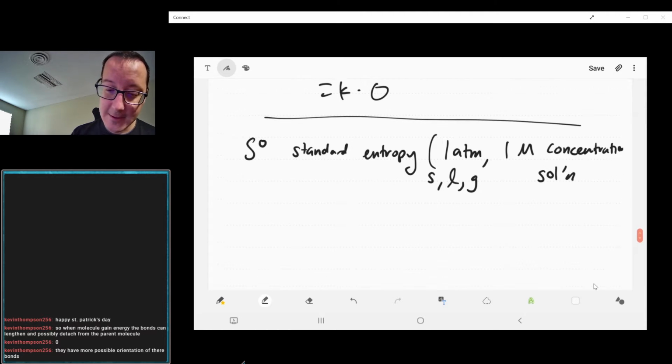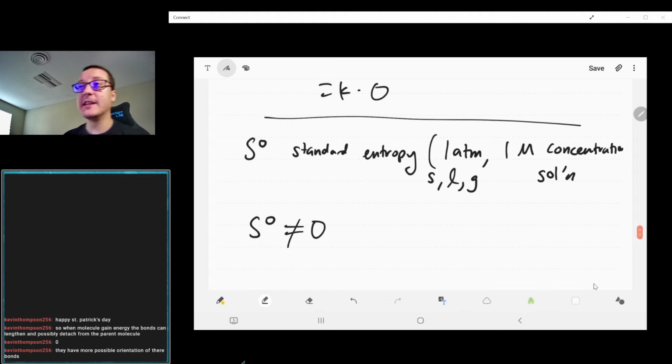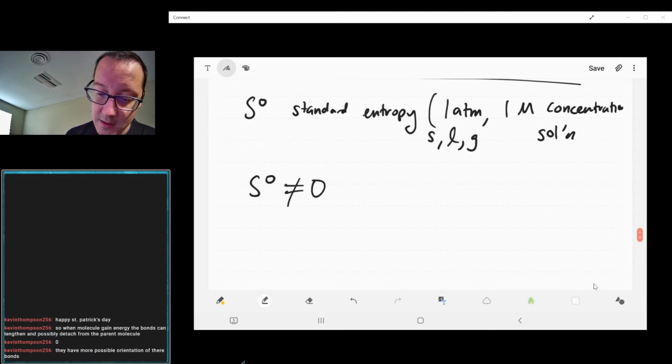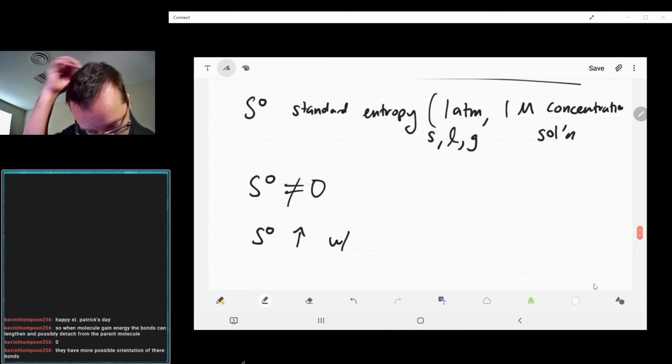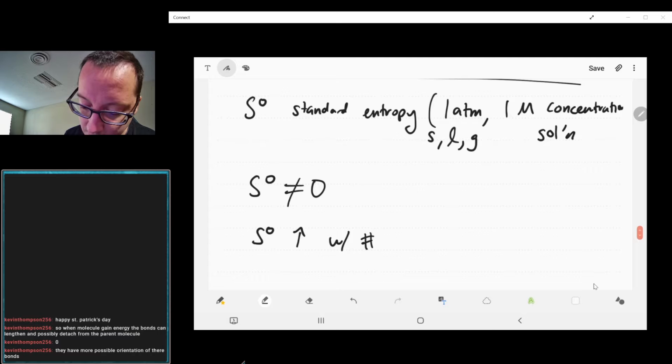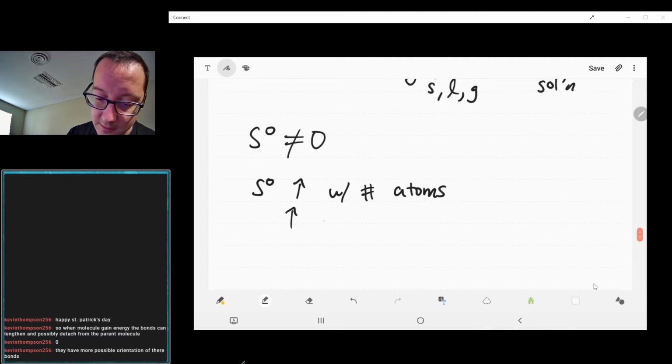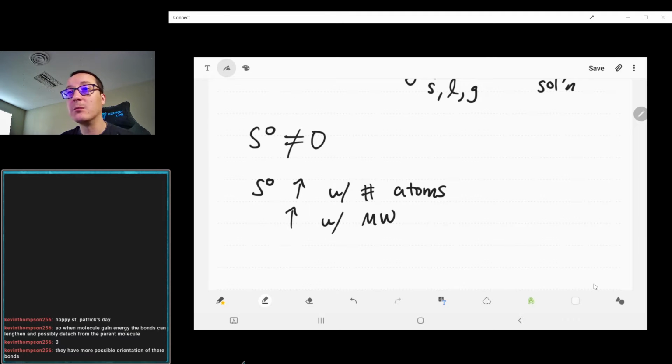So these things are never zero, right? Because the third law of thermodynamics defines zero for us. So for our real things, we're not going to have zeros. We're going to see that this increases with number of atoms. We're going to see it also increases with molecular mass, or molecular weight, molar mass.